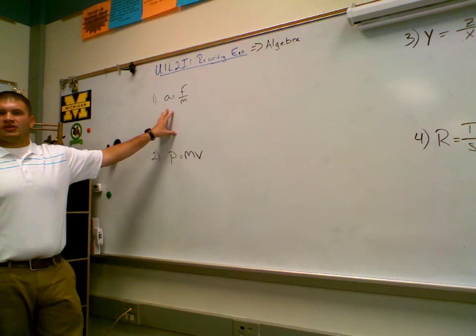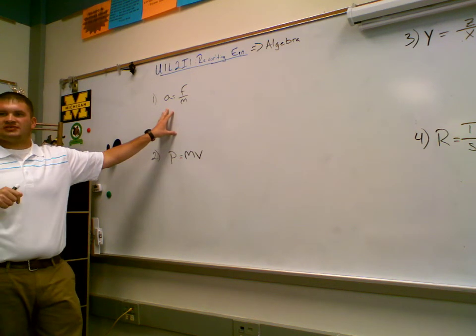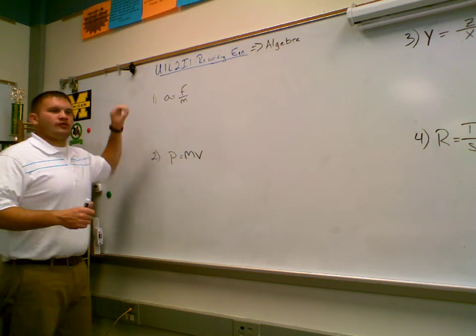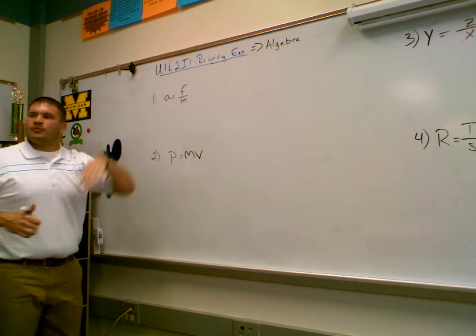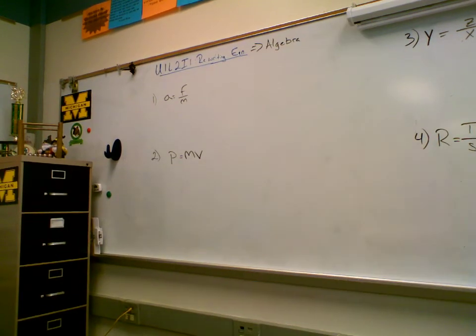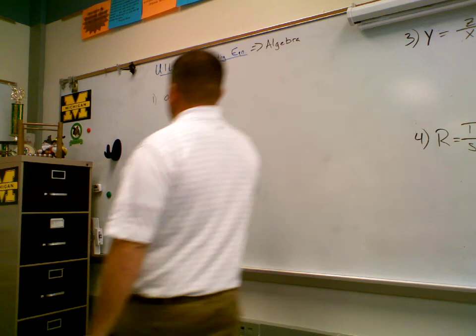No. Or does it have the same relationship as this? Shows the same relationships. Okay? So the 3 equivalent forms will not be exactly the same as this equation, but they're going to have the same relationships. Okay? So right now, what's the relationship between A and F? Direct. What about A and M? Inverse. So as we go through, those relationships are going to stay the same.